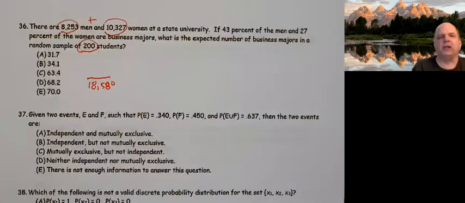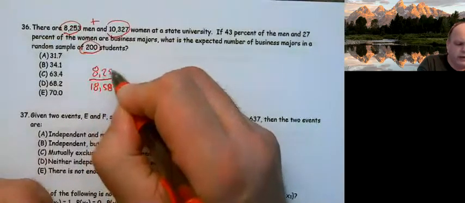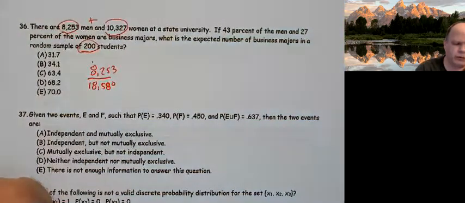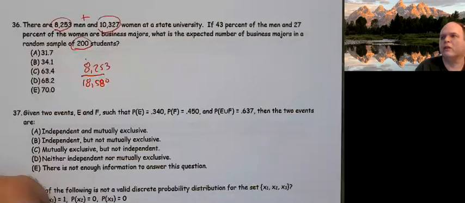And 43% of men and 27% of the women are business majors. All right. I need to find out what percent of the students are men and what percent of the students are women. So 8,253, 43% of the men, and hold on for just a moment. I need to pause and think about this for a second.